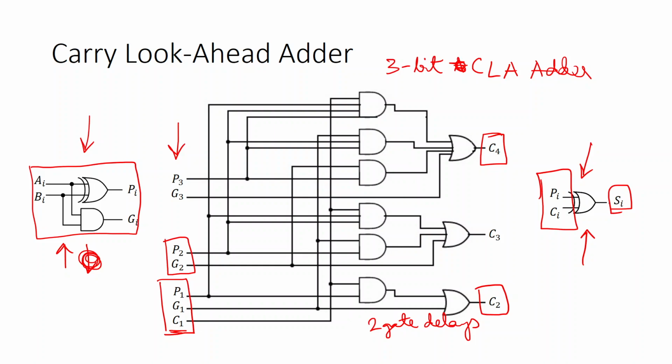But if you go higher in the length of the word, the difference will be very appreciable. Here the difference is always constant. Of course, it depends on how many inputs you can fit into an AND block. As you go higher, you have more inputs to fit into an AND gate.